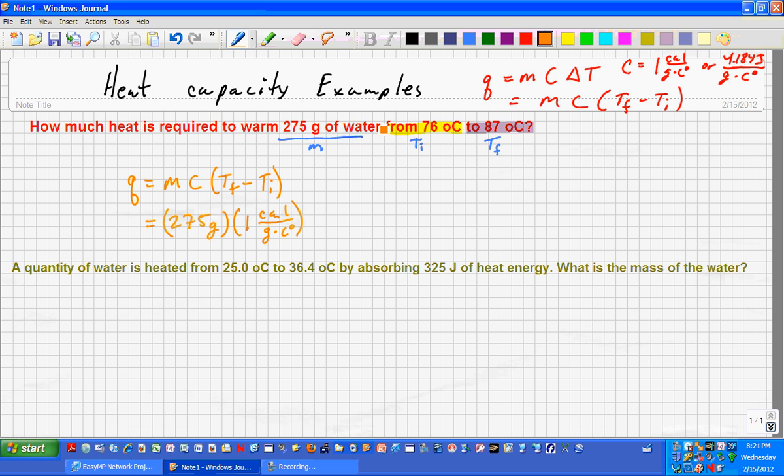If this were a different material like iron or aluminum or something else, I'd have to look it up, or hopefully it would be given in the problem. T final is 87, so it's 87 minus 76 degrees Celsius. So I'm going to go ahead and grab a calculator and figure this out.